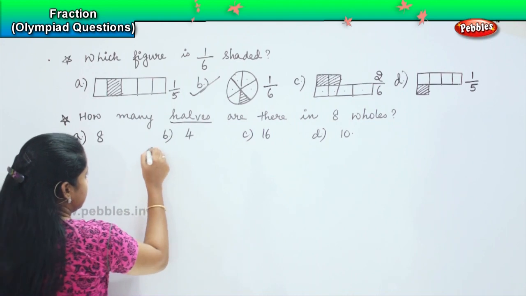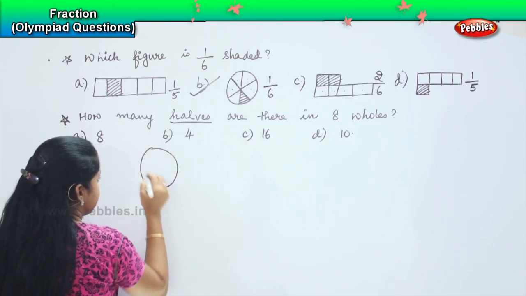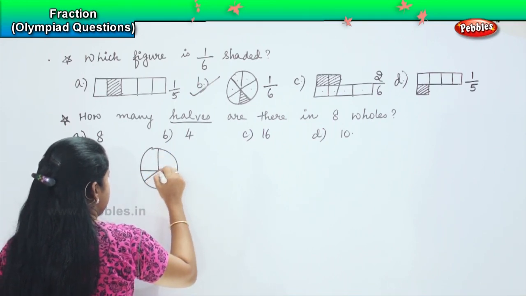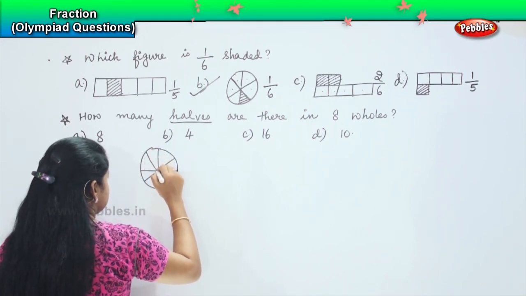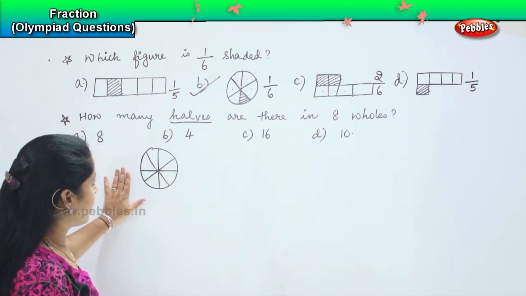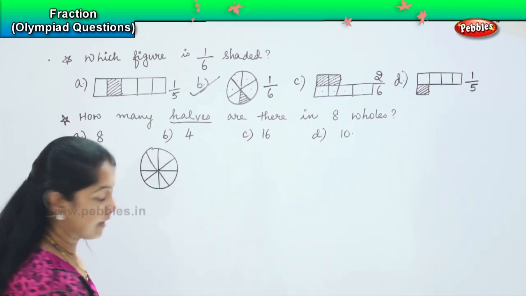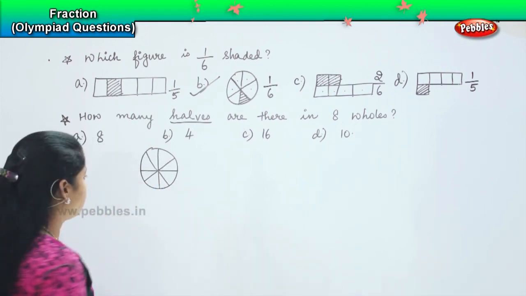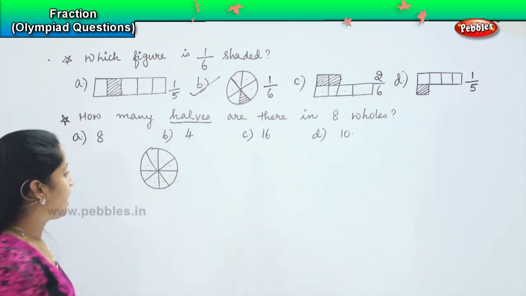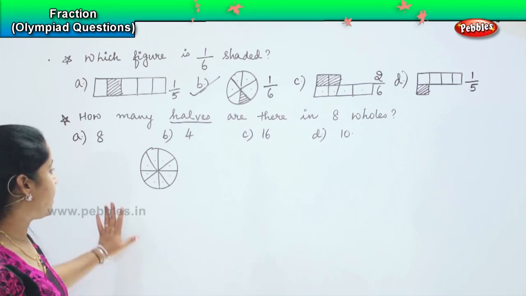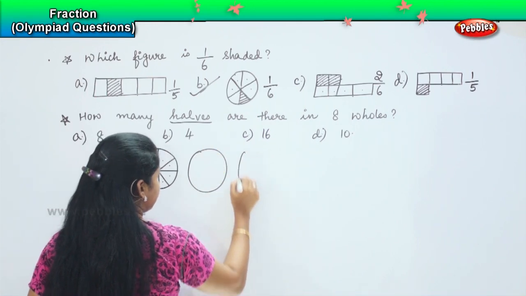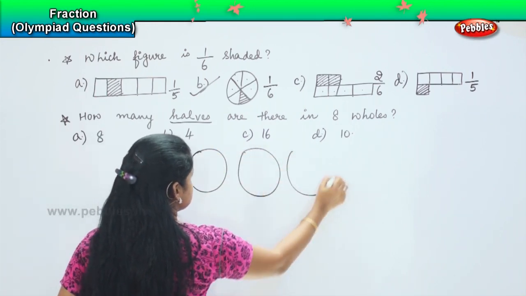So for example, if I take here, 8 wholes means I have taken it in 8 forms, right? So how many are there? 1, 2, 3, 4, 5, 6, 7 and 8. They are asking me how many halves are there in 8 wholes. So similarly like this, I need to make 8 circles.